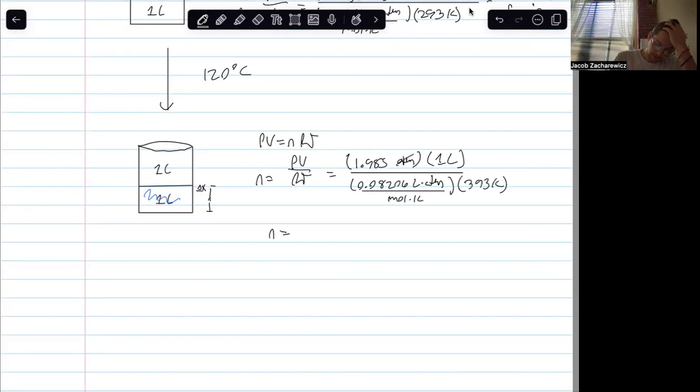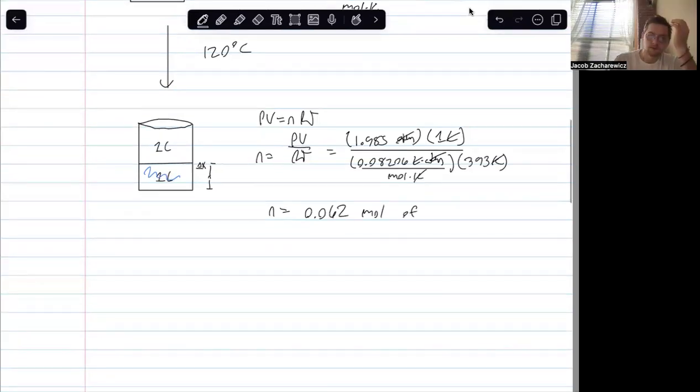You can see all our units cancel out, and we are left with 0.062 moles of H2O.